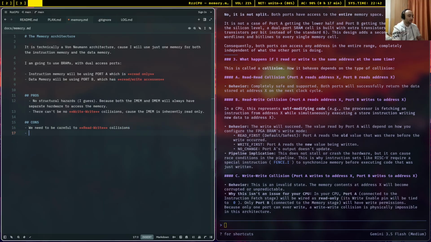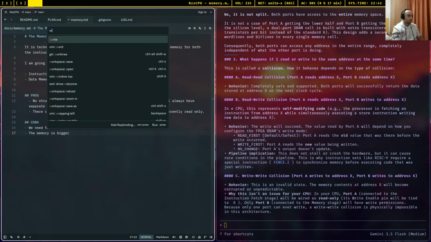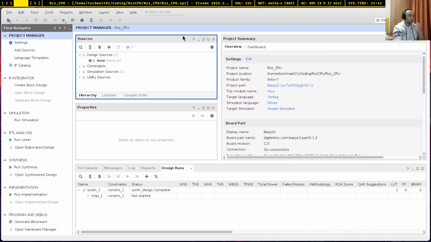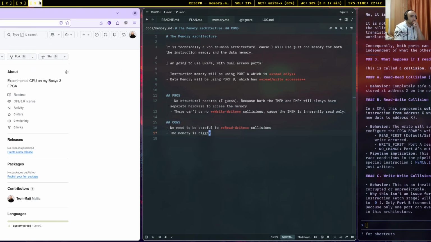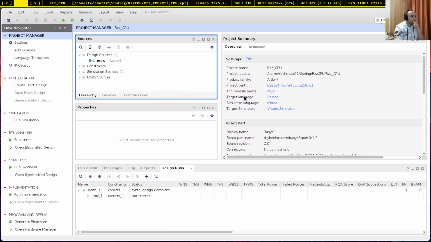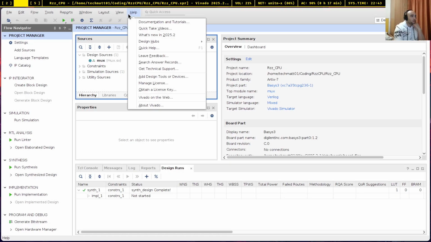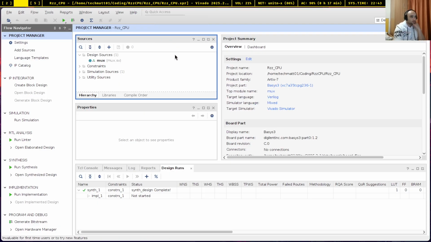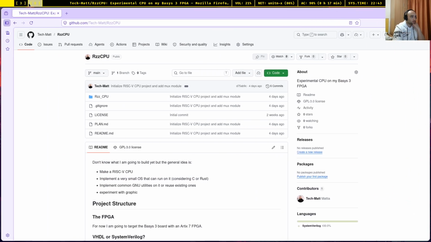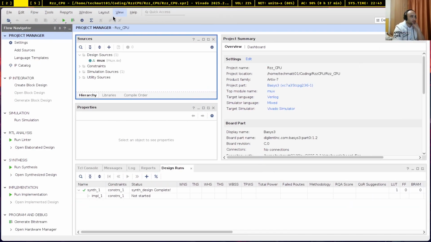Another con is that the memory is bigger. Let's see how much bigger actually. So if we go here, we search for... did I already open it? No. Documentation. Should be opening somewhere.